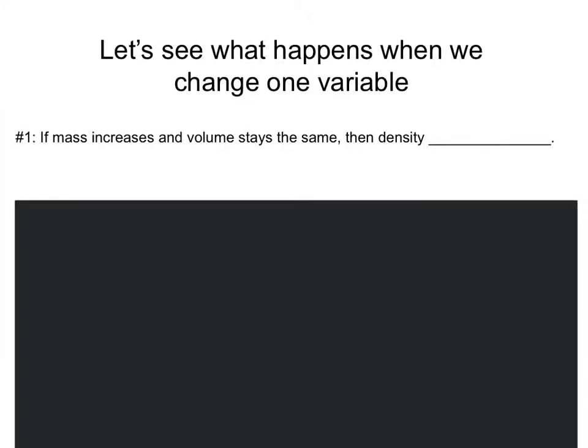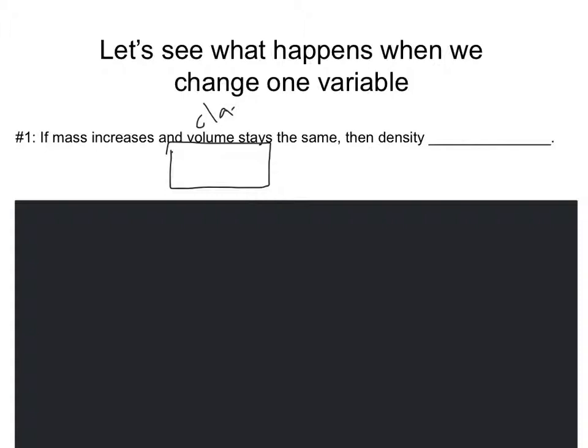Now let's focus on what happens when we change one variable, and see how mass, volume, and density all relate to each other. In order to do this, I like to picture an analogy in my head, like a classroom with students. Here's my classroom, and my classroom size is going to be my volume.